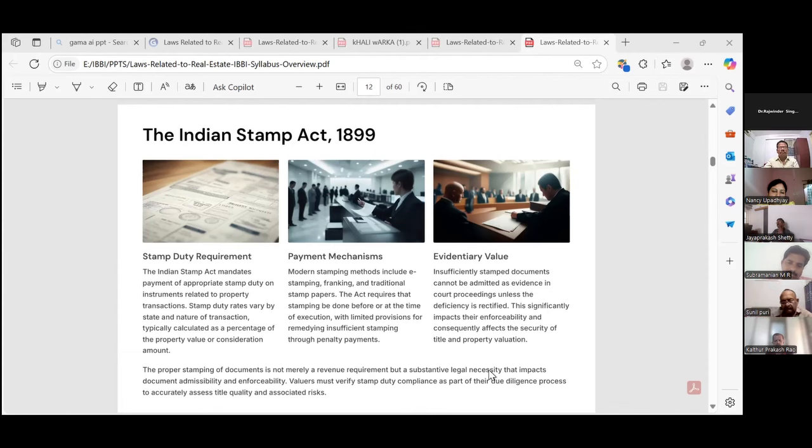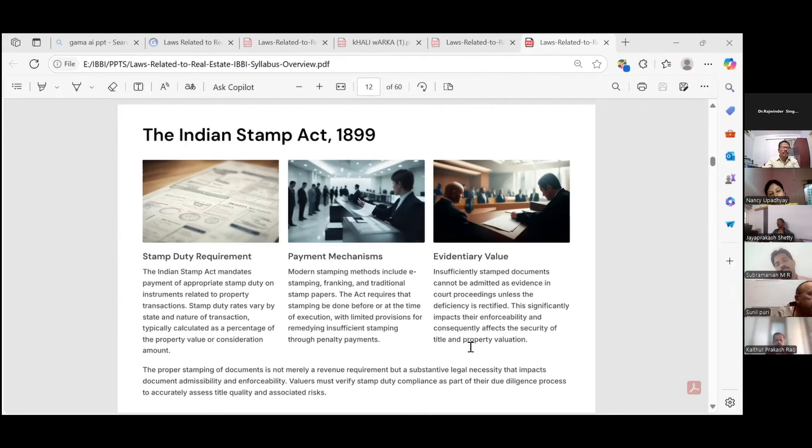Evidentiary value will be there only if full stamp duty has been paid. If it has not been paid, see here, insufficiently stamped documents cannot be admitted as evidence in court proceedings unless the deficiency is rectified. This significantly impacts the enforceability and consequently affects the security of title in the valuation.